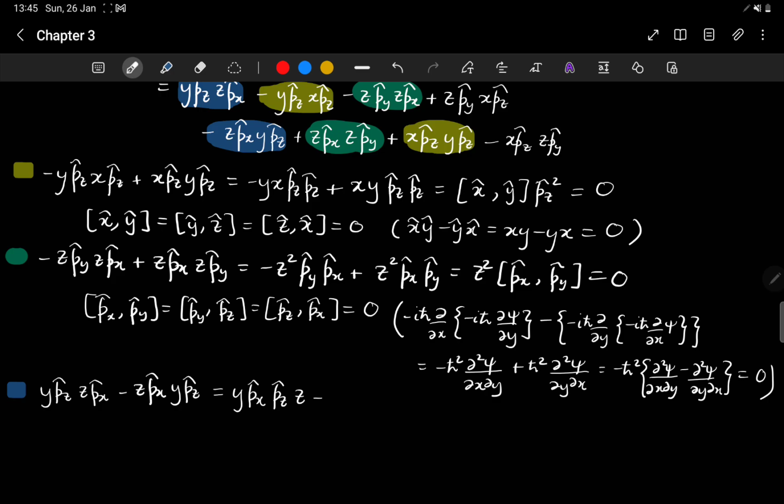So y can come in front, so we have minus y px, and the px operator does not operate on z, so we can take z inside like so.